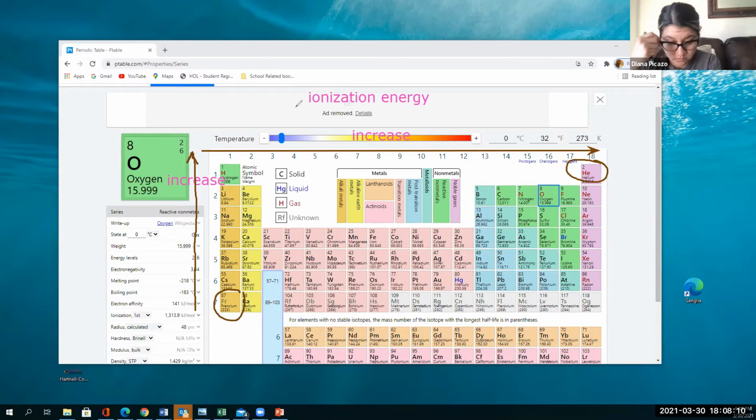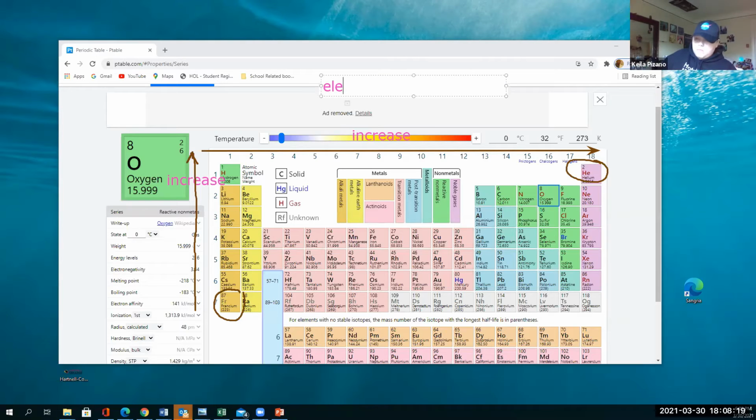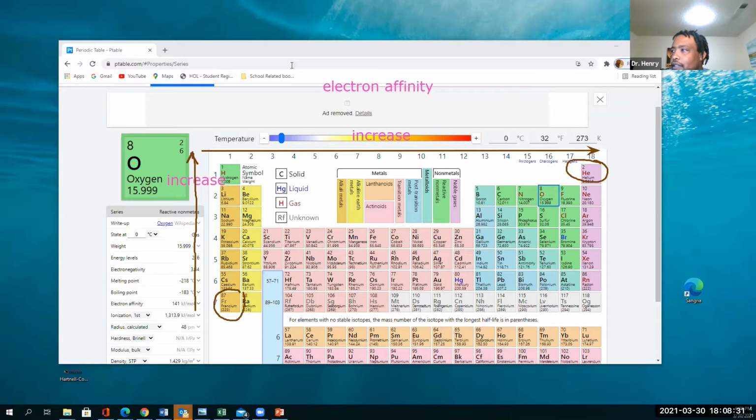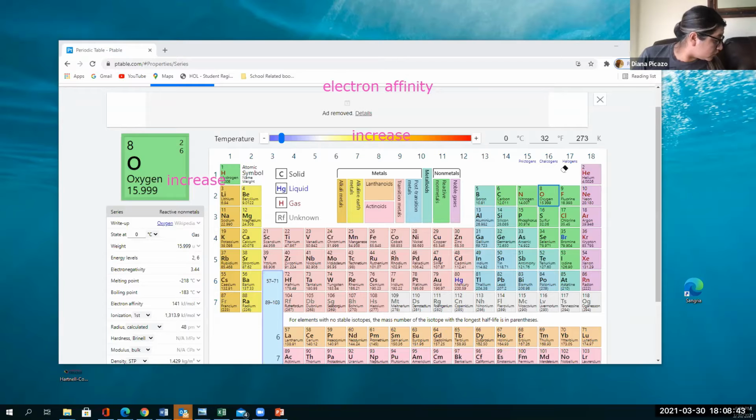Okay. And then electron affinity. If you have an affinity for something. Affinity. Do you know what that term means? Anybody want to take a guess?